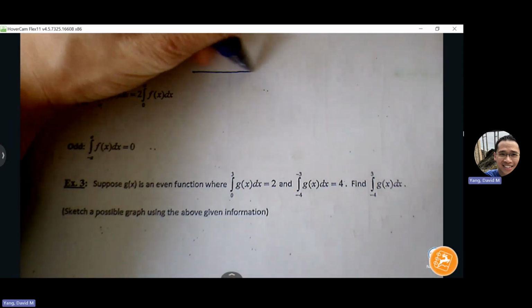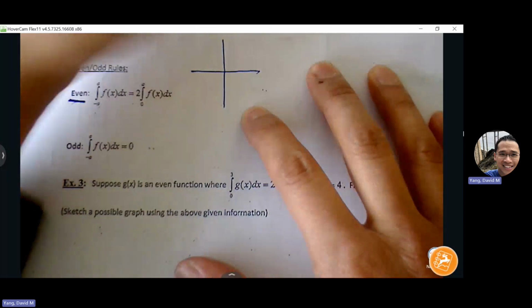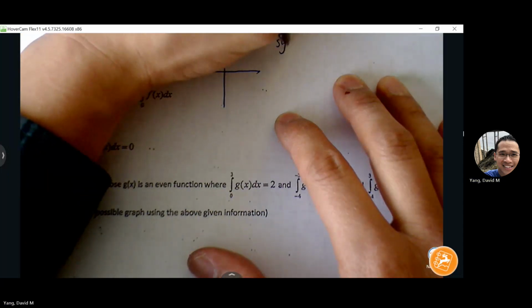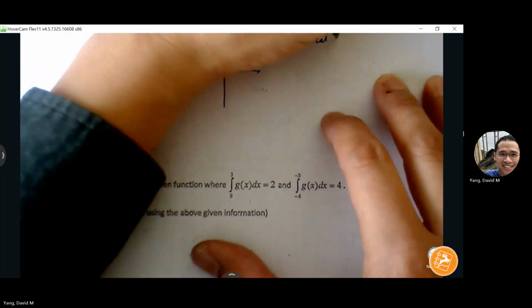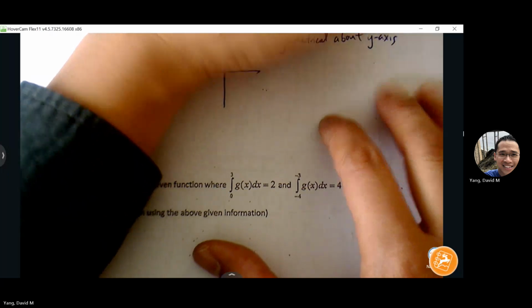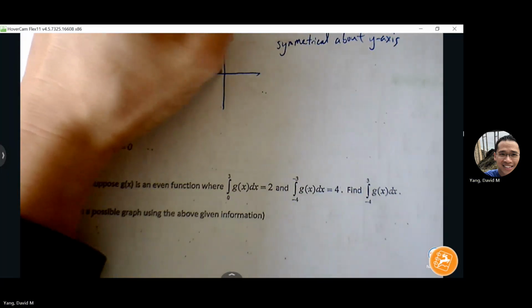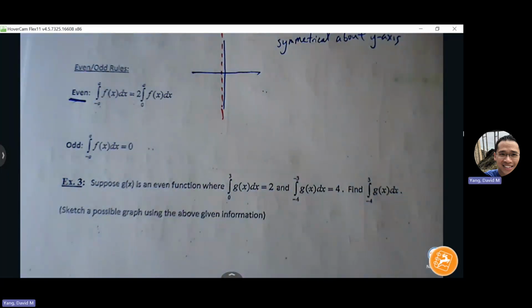A function being even means that your graph is going to be symmetrical about the y-axis. Your y-axis kind of acts as a mirror for what's happening to the left and to the right.